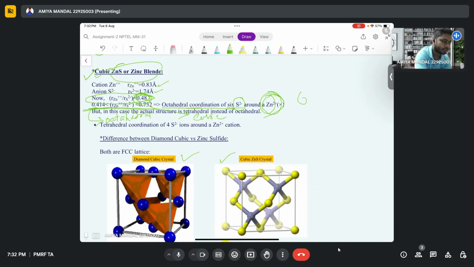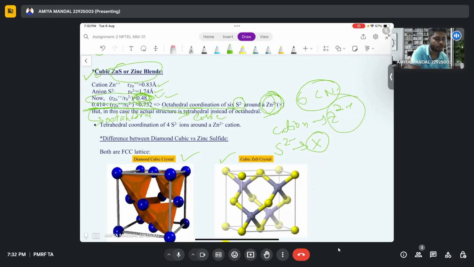You can say there is a coordination number of six for the cation, sorry, for the cation but not for the anion. For zinc only, but not for S2-, because of this radius. So only Zn2+ has a coordination number of six. Plus this, tetrahedral coordination means four S2- ions around Zn must be there.